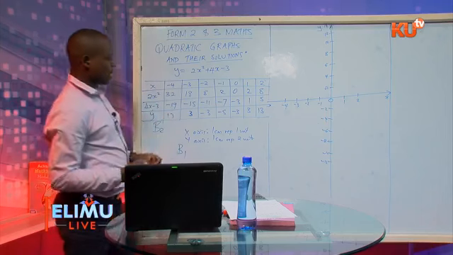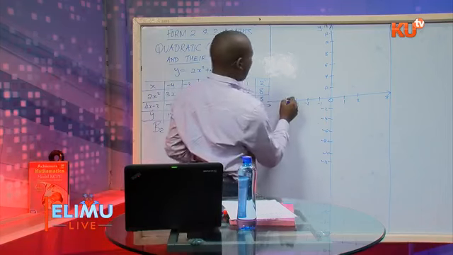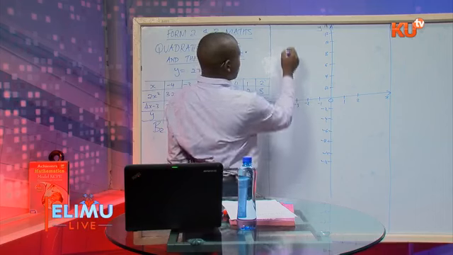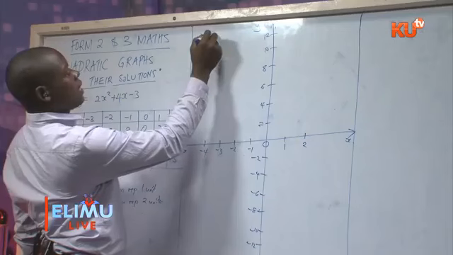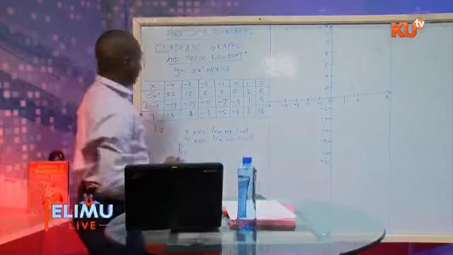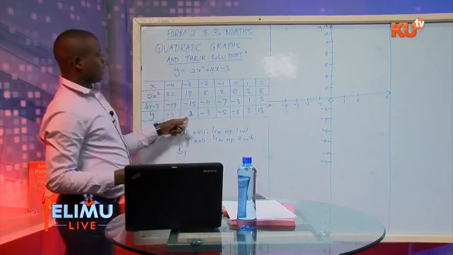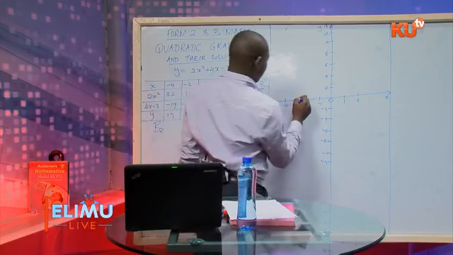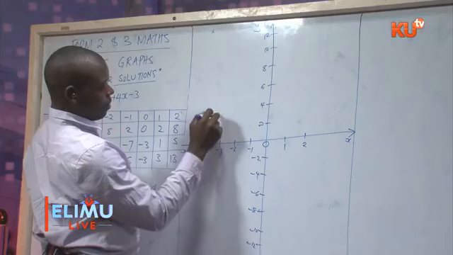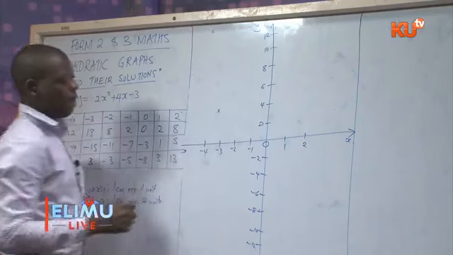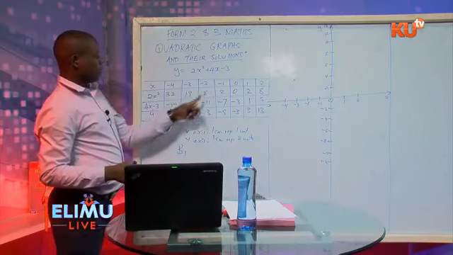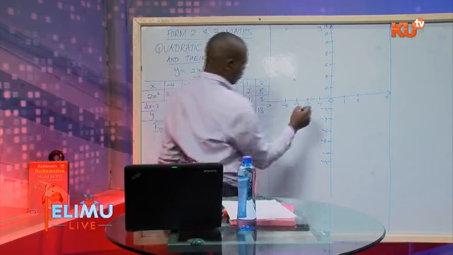Negative 4, 13. Negative 4 on the x-axis, y-axis is 13. Then we have negative 3, 3. Negative 2, negative 3.